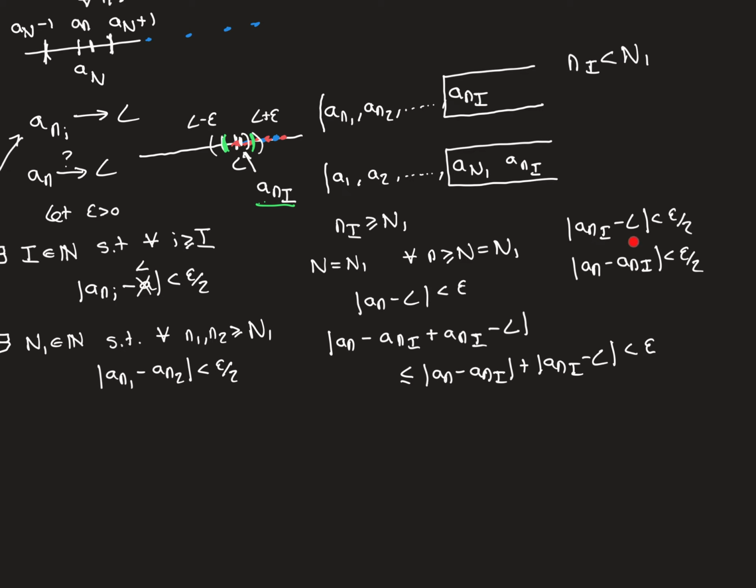We're still going to know this is less than epsilon over 2. It's this that we've got a problem with. We're not going to be able to conclude that the distance between any term a_n and a_{n_i} is less than epsilon over 2, because this term was upstream of that tail end for which the Cauchy criterion applies at epsilon over 2.